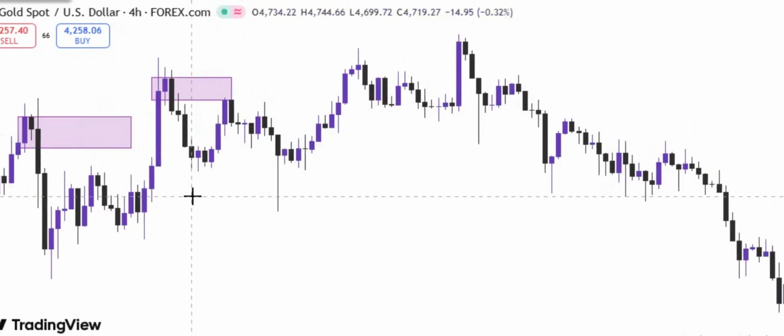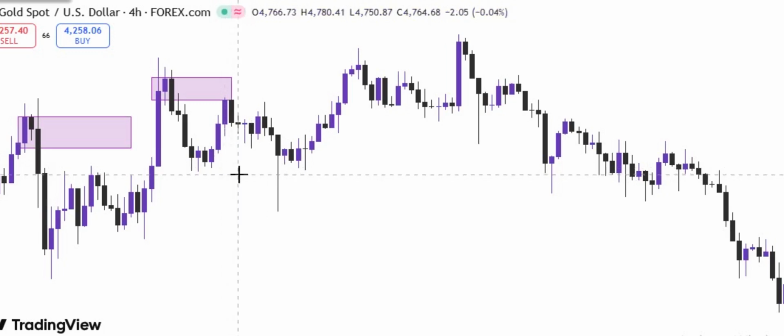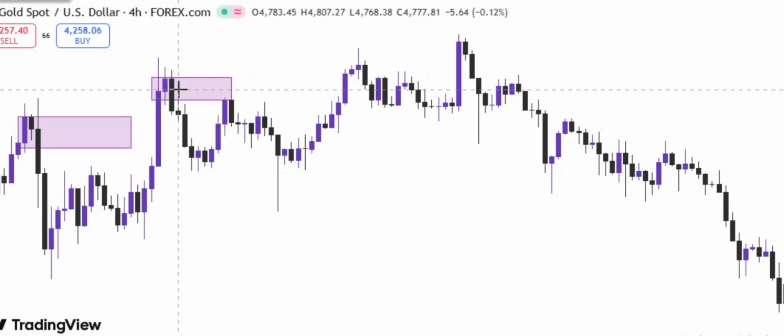The number 2 filter I use is I want to see if the order block breaks the recent structure, the recent high or recent low. For example, this order block I highlighted did not break any recent high or any recent low.